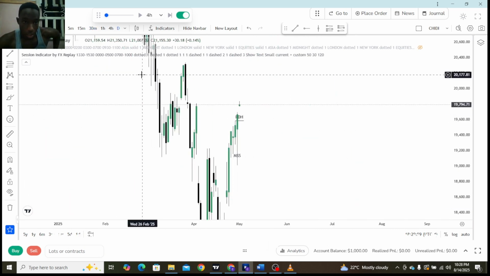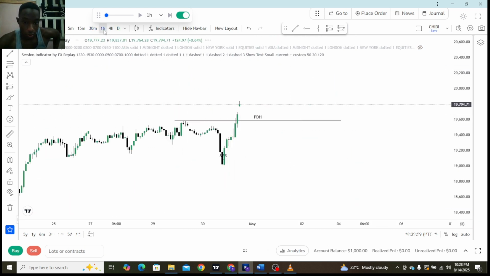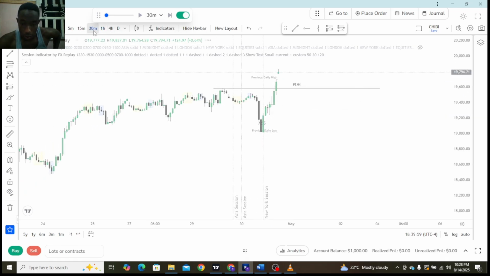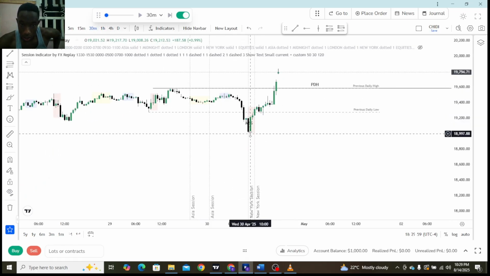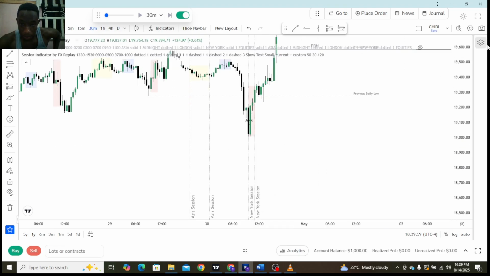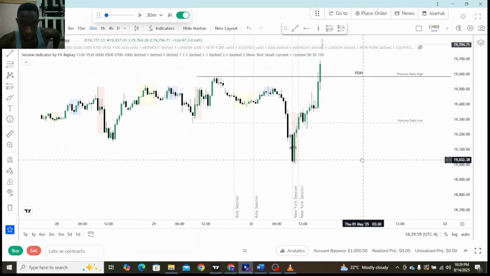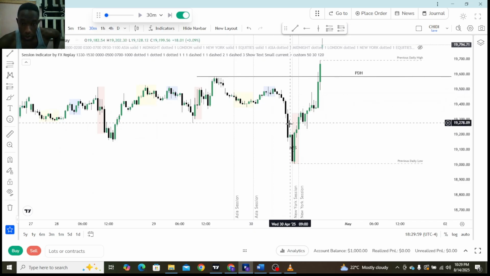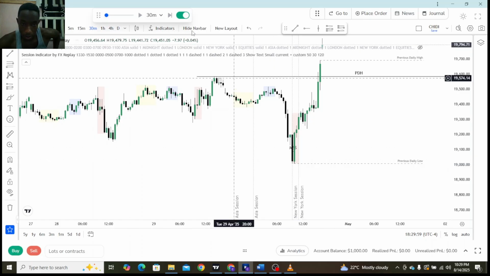So the second example I want to give occurred on the 30th of April 2025. This was a very good example because it first gave a Judas swing before the smart money reversal happened.